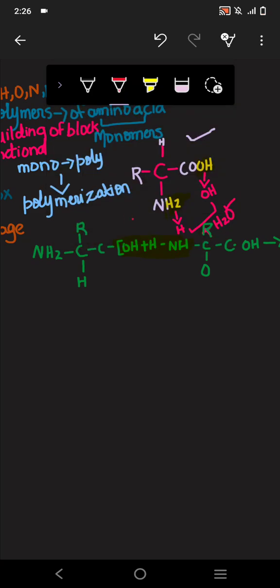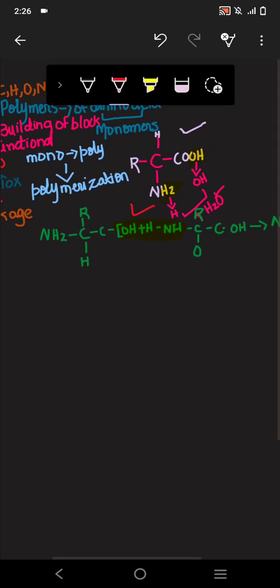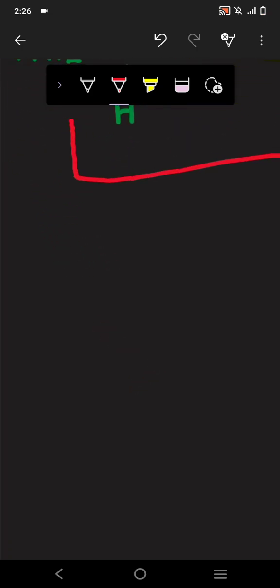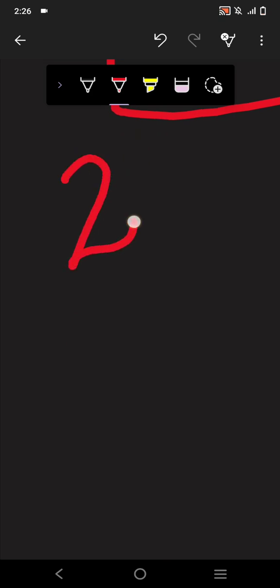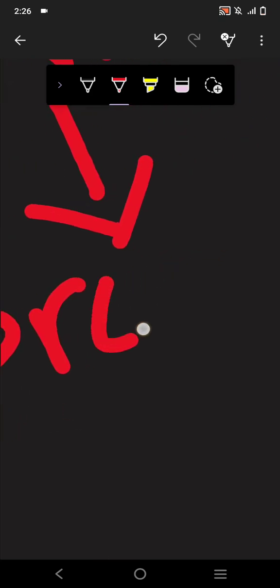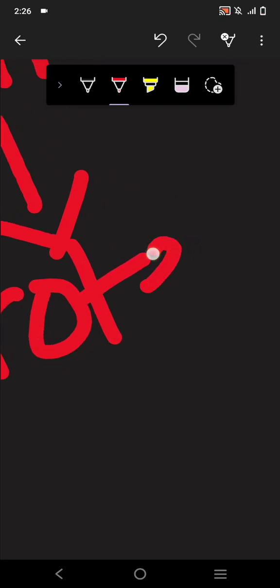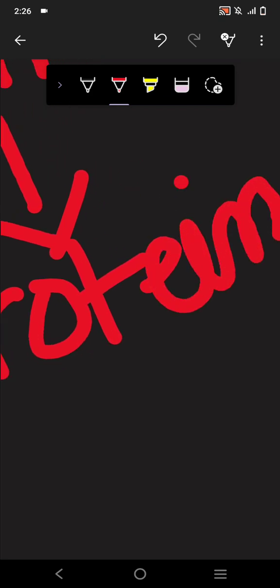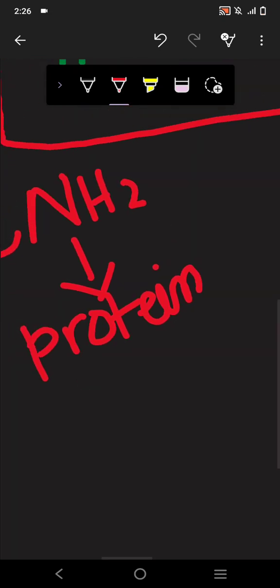So this is the linkage, this whole linkage of the two amino acids. Amino acids form protein. Thus the protein is formed by the peptide linkage of the amino group and the carboxylic group. That linkage is known as the peptide linkage.